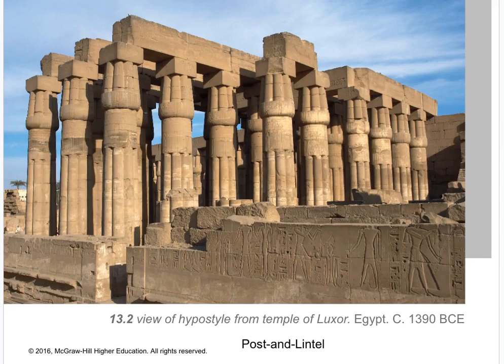Ancient Egyptians would create stylized things like these posts with the design on them, with like plant type design on them. They thought of it like the primal swamp of creation.